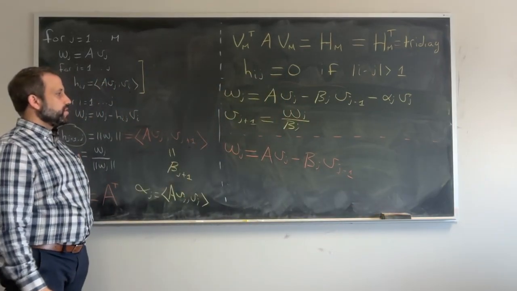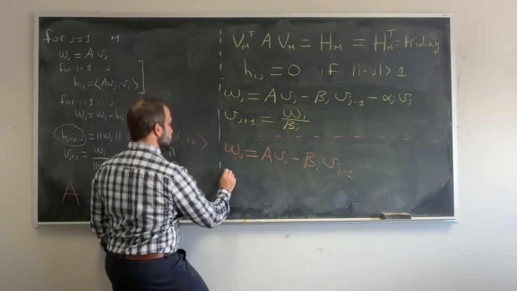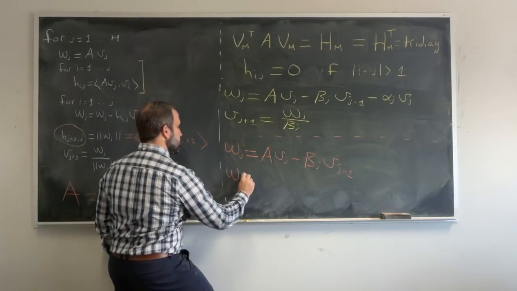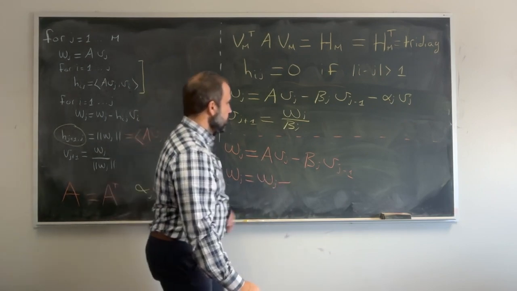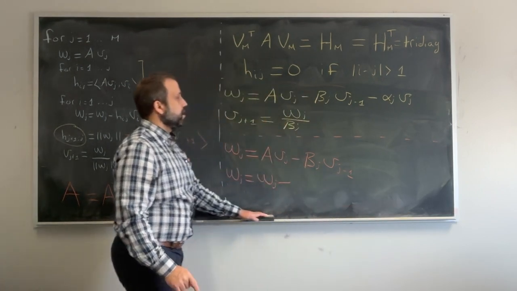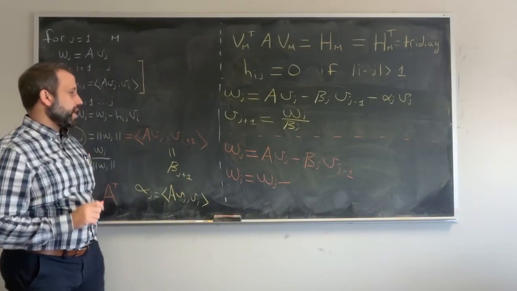That's the Wj that we're going to start with. And then we're going to modify this. We're going to say Wj is equal to Wj minus its projection onto Vj.